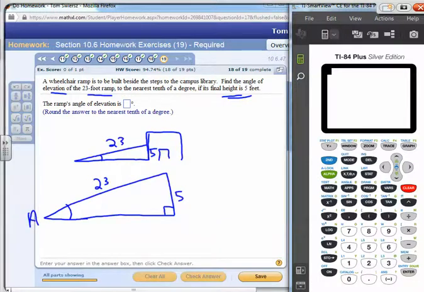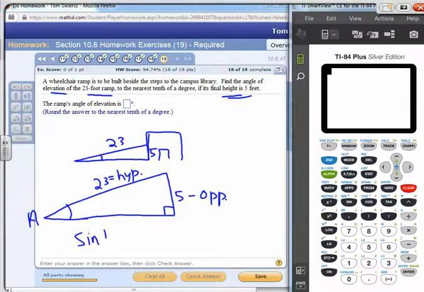Now again, here's my right angle because the height is perpendicular to the ground. So with respect to angle A, this is one of the sides that form the right angle, and it's away from angle A, so it's opposite. This side is opposite the right angle, so this is the hypotenuse, right? So we know the trig function that involves opposite over hypotenuse is the sine.